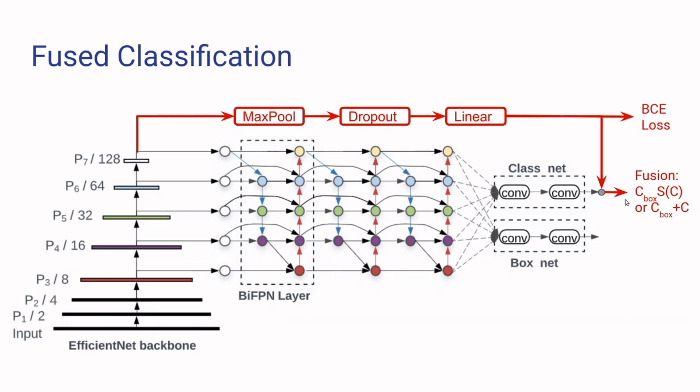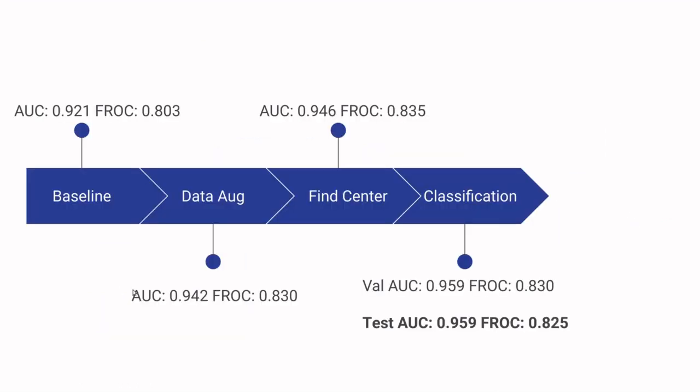With this architecture modification, by introducing the classification loss and fusing the classification branch to the bounding box branch, the model could improve the validation score by more than 1%. However, the FROG score decreased a little.